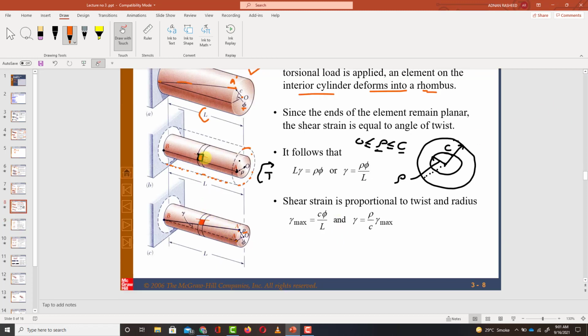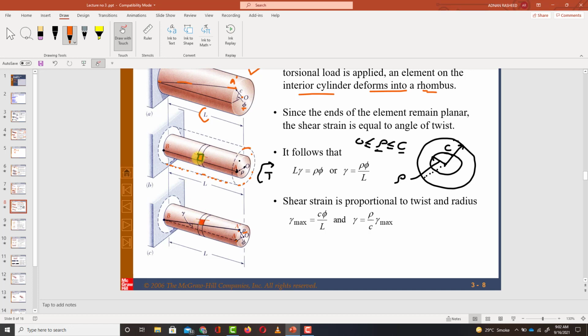After applying the torque, this shaft will deform and there will be a shear strain as well as an angle of twist. Due to the movement of the initial line AB to the new line A dash B, this square or rectangular mark has been converted into a rhombus.